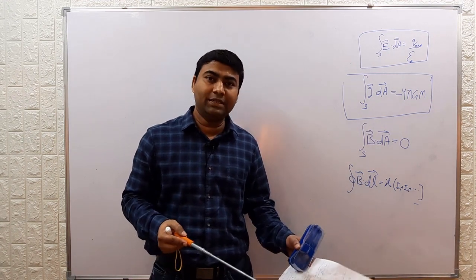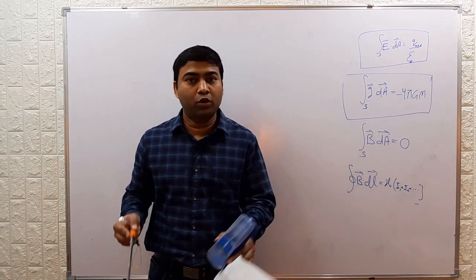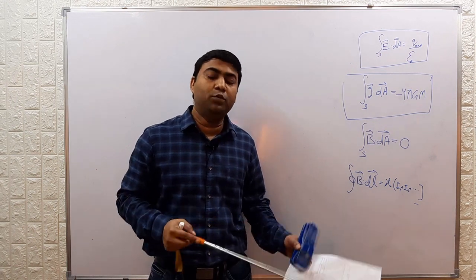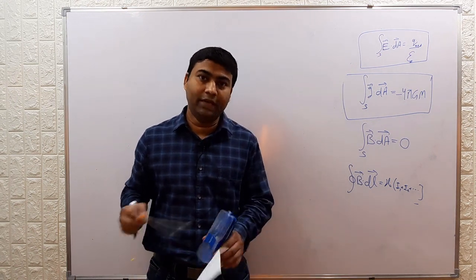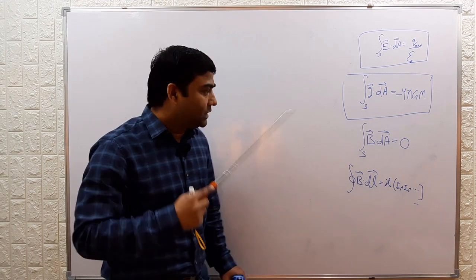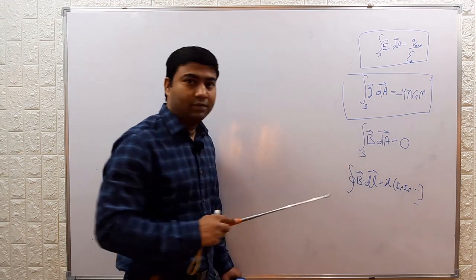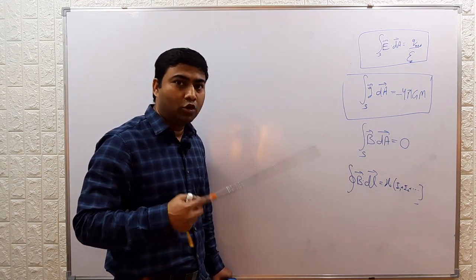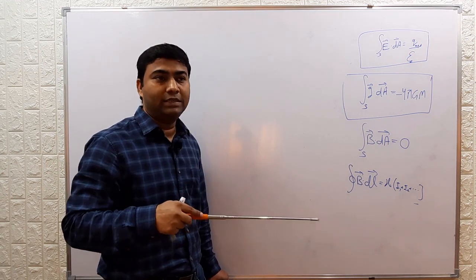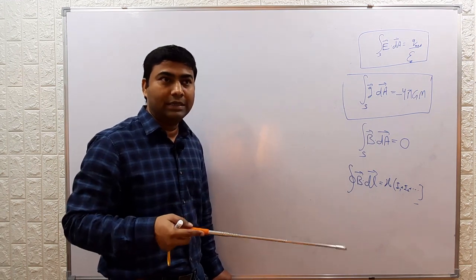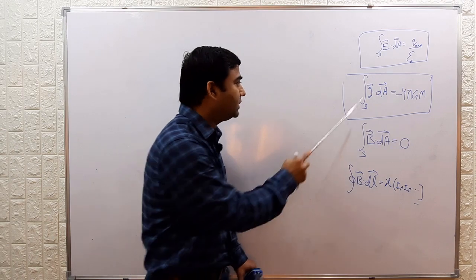If they are in same direction, dot product will be positive, and if they are in opposite direction, dot product will be negative. So we select surface and curve in such a way that the dot product throughout the surface and throughout the curve can be obtained without integration.